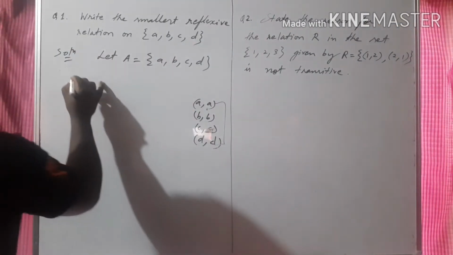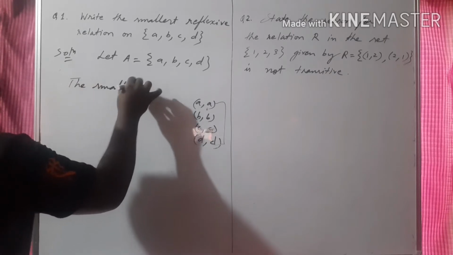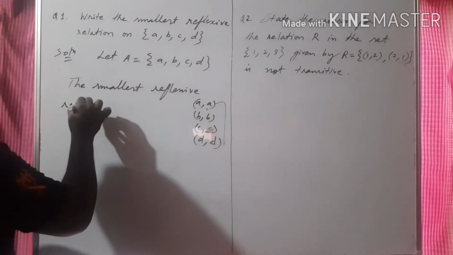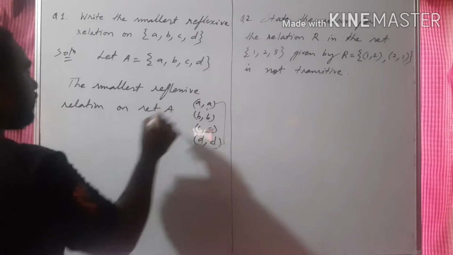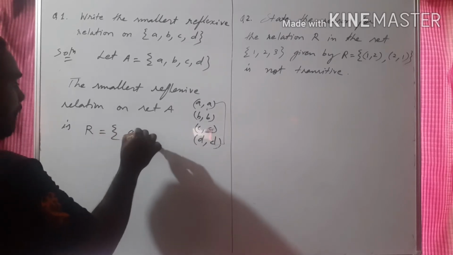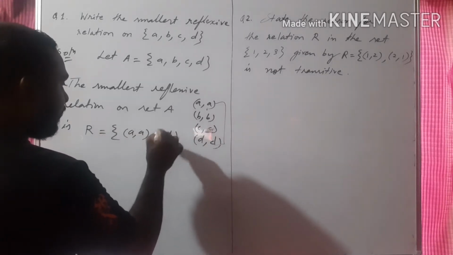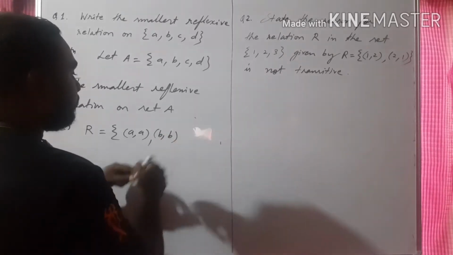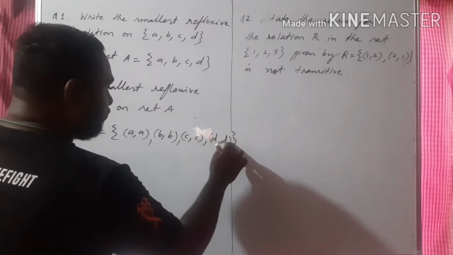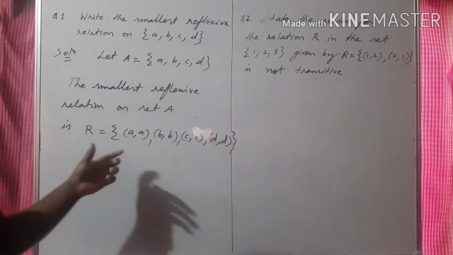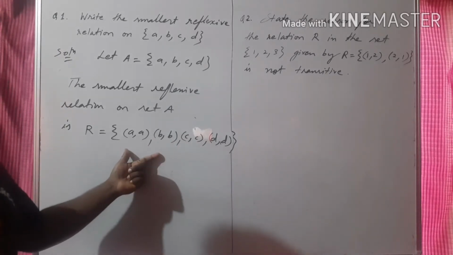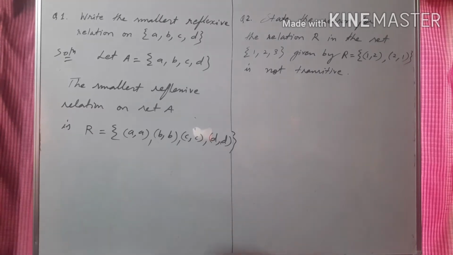So the smallest reflexive relation on set A is, I am denoting it by R only, will be A comma A, B comma B, likewise C comma C, D comma D. So the relation R, which will contain A comma A, B comma B, C comma C and D comma D, will be the relation which will be reflexive, and it will be the smallest reflexive relation.